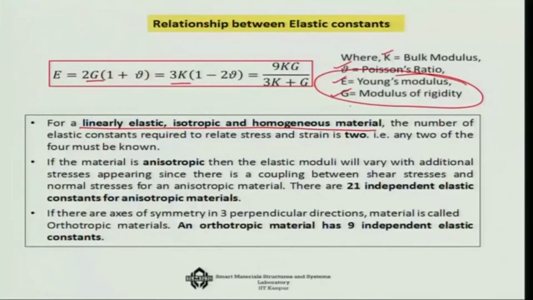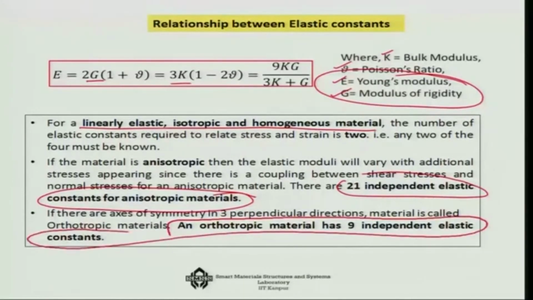However, in case of anisotropic material, there are 21 independent elastic constants. Okay. So, it is much higher in terms of the variations. And if it is an orthotropic material, then it has 9 independent elastic constants that will come into the picture.